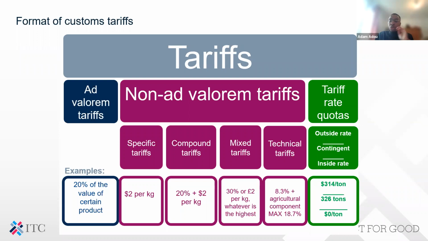The contingent would basically be the quantity you can export of this product to this specific country. Then there are different ways of setting this tariff rate quota according to different rules, so there can be different configurations and different settings.